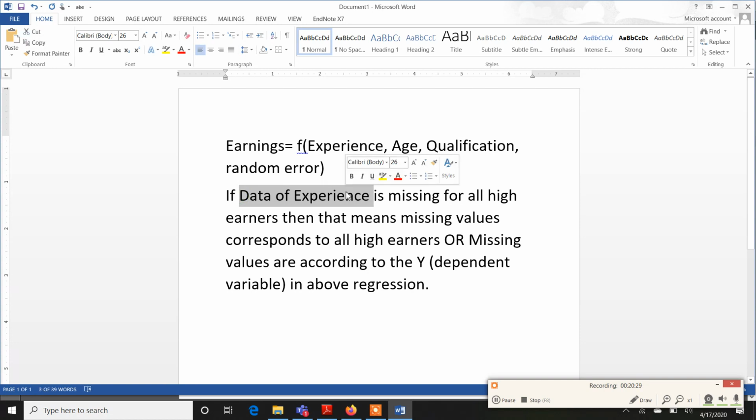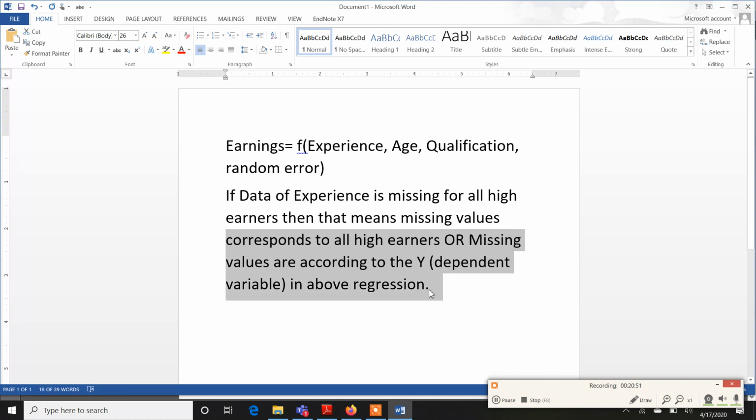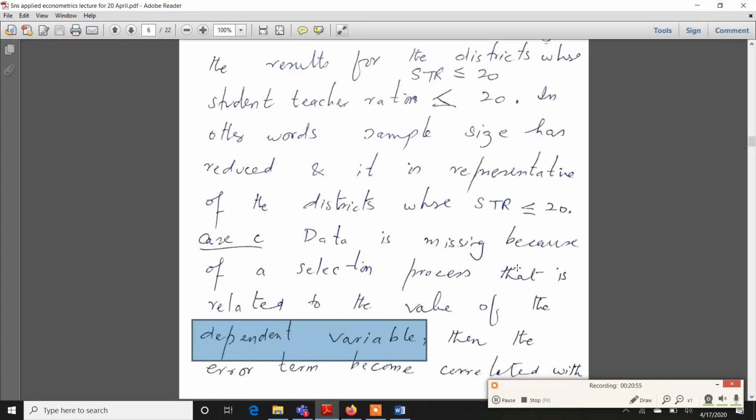Now if the data on, let's say, experience is missing for all the high earners, right? So what will happen? The missing data is dependent upon the values of earning. That is, the missing data is in accordance with the values of the y variable. Missing values correspond to all high earners, or missing values are according to the dependent variable in the above regression.